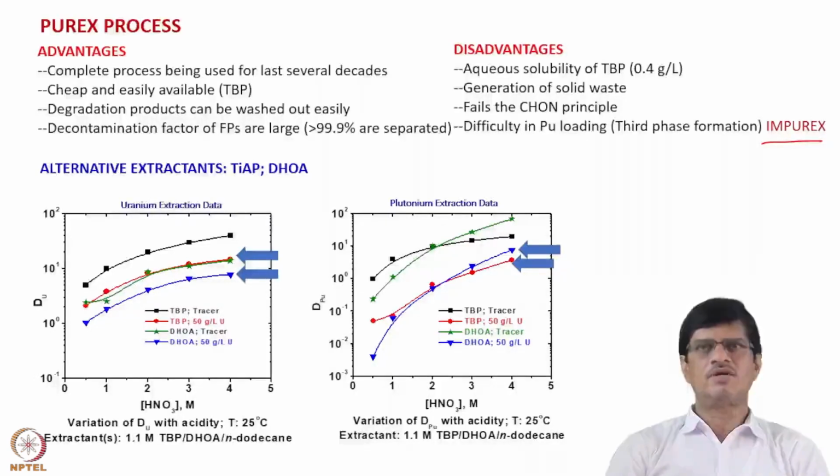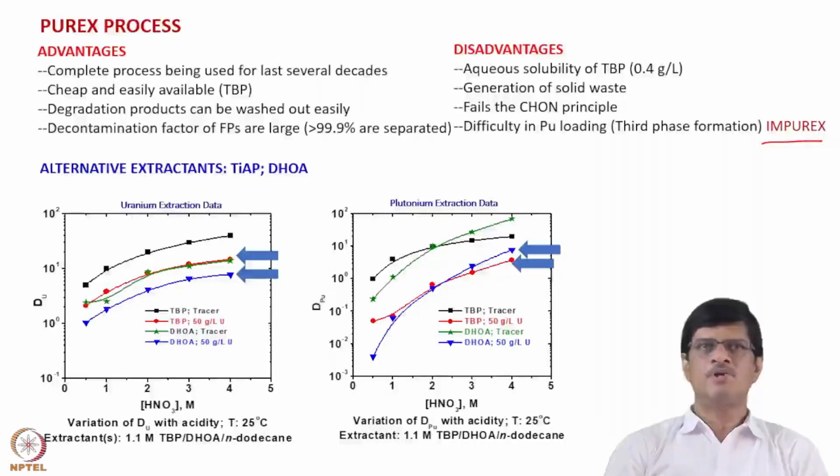Another alternative is to go for the branched alkyl group phosphates, like triisoamyl phosphate or TIAP, which has been tested in different laboratories and shown to have much higher plutonium loading, with less third phase formation problem.